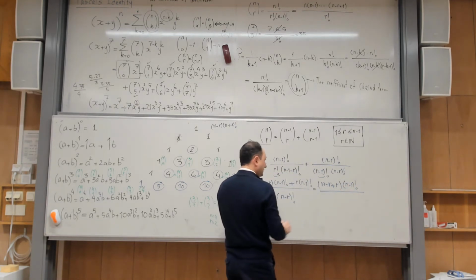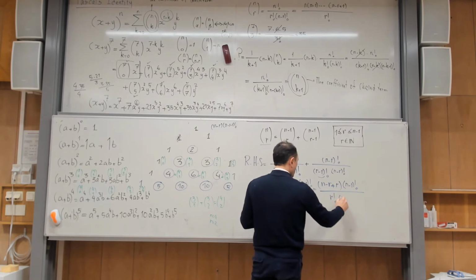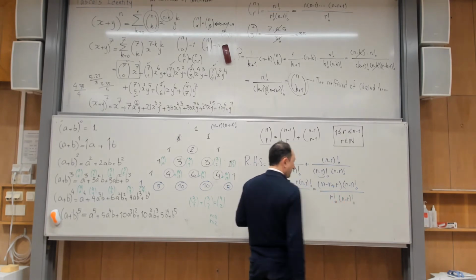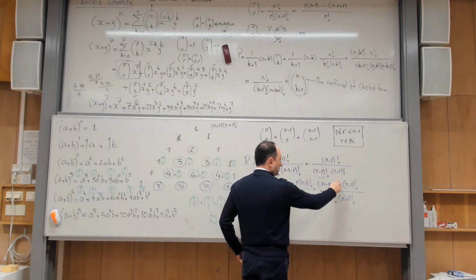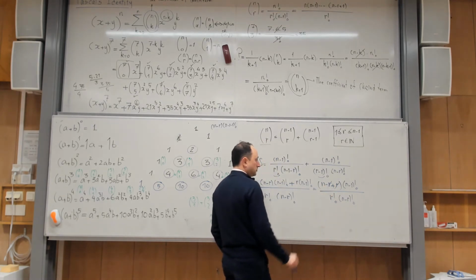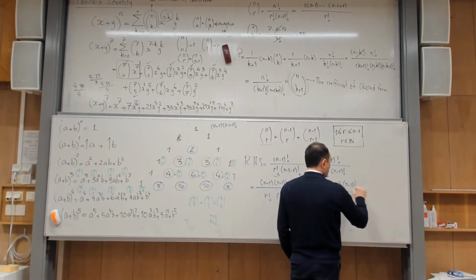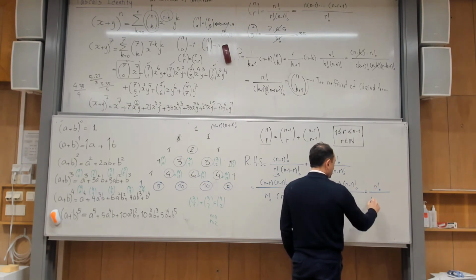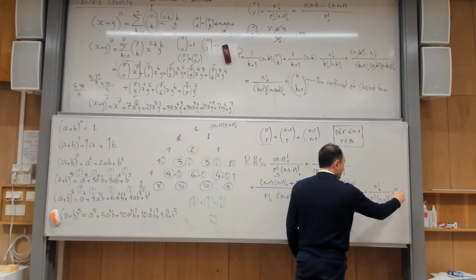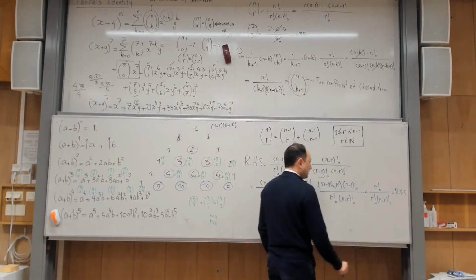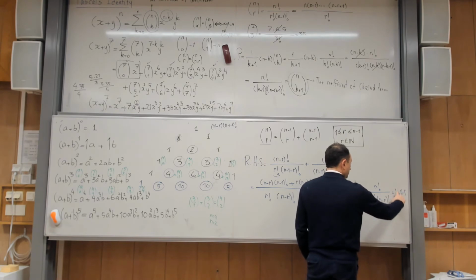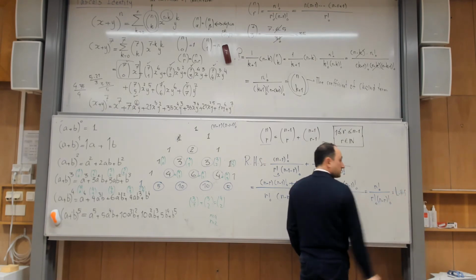And then I have r factorial, n minus r factorial. But minus r and r are gone, so then I get n times n minus 1 factorial, which becomes n factorial over r factorial, n minus r factorial, and that's exactly equal to the left-hand side. Yes?